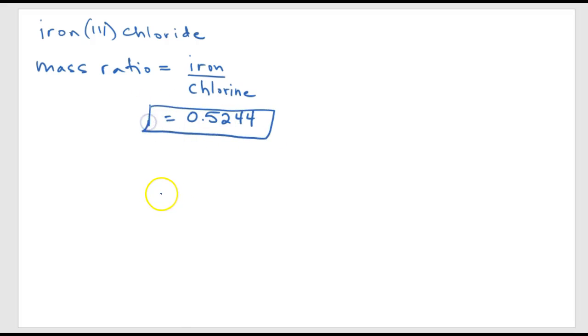So in the second part, it's saying that there is a sample of iron chloride, and sample B has a mass of 1.475 grams. Okay.